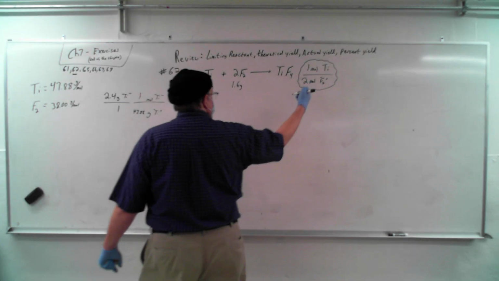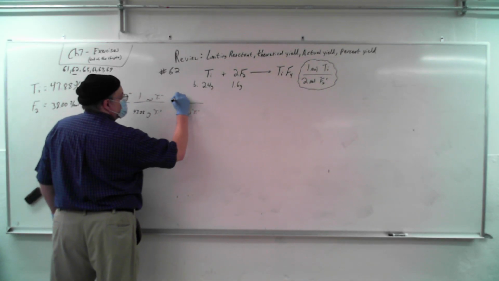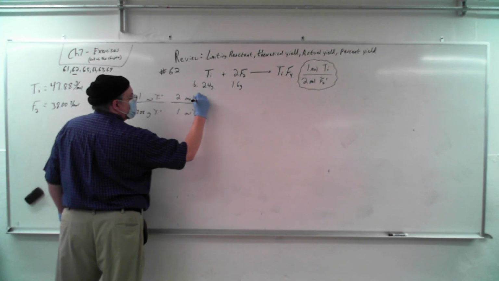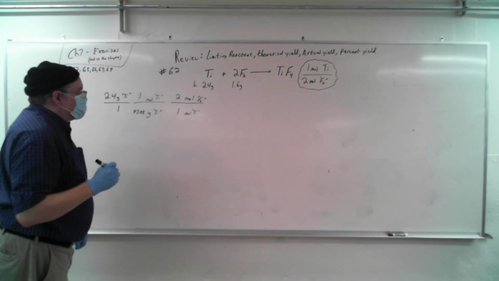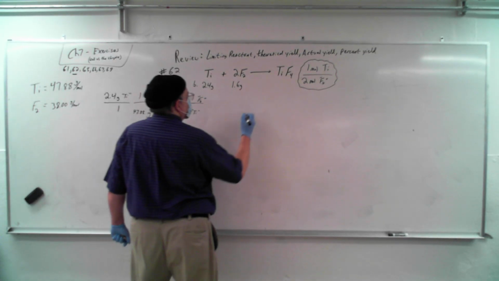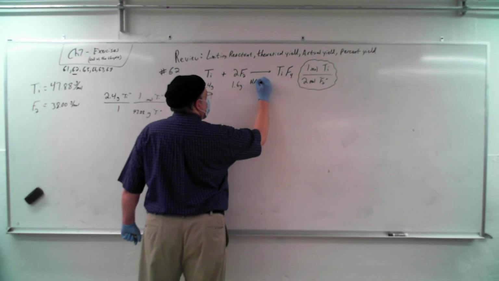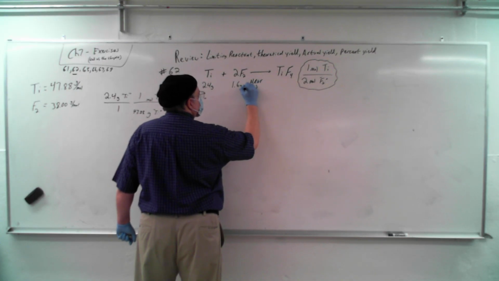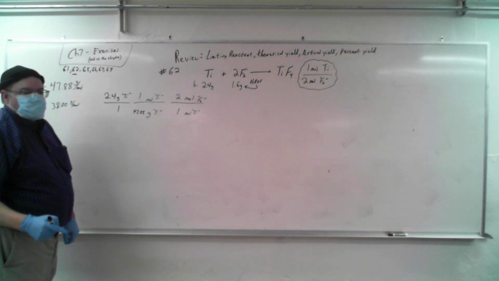So I'm going to use this. 1 mole of Ti to 2 moles F2. And we're almost there. The problem tells us I have this much F2. What I'm calculating is how much I need.